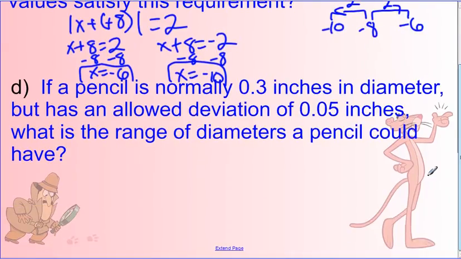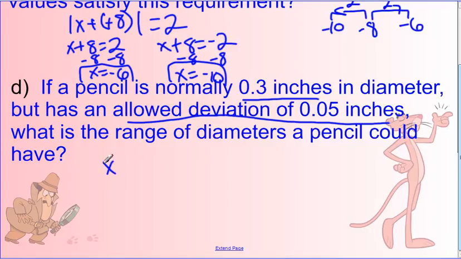And letter D is a little wordy problem. It says if a pencil is normally 0.3 inches in diameter, but has an allowed deviation of 0.05 inches, what is the range of diameters a pencil could have? So this is the given number, the middle number, and it says it could go bigger by 0.05 or smaller by 0.05.